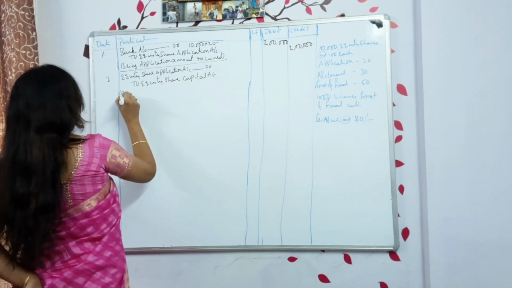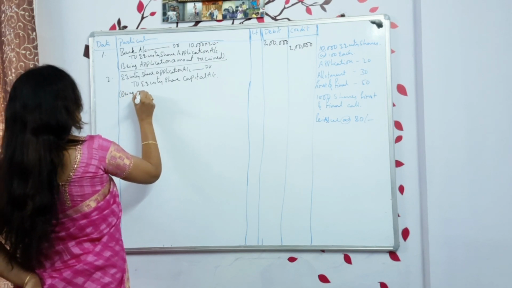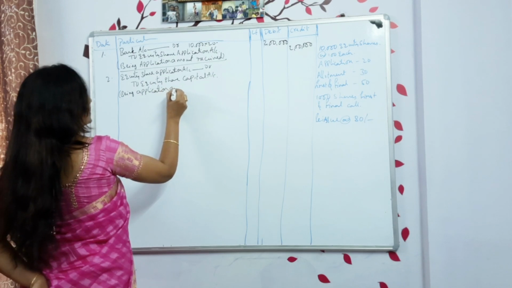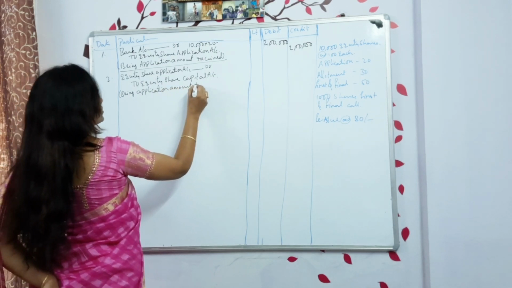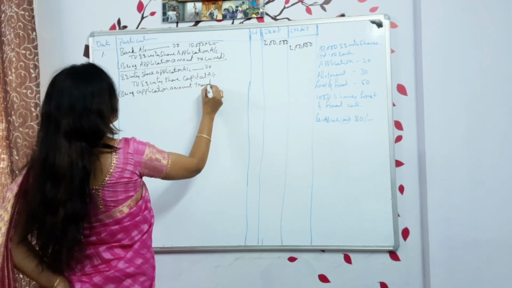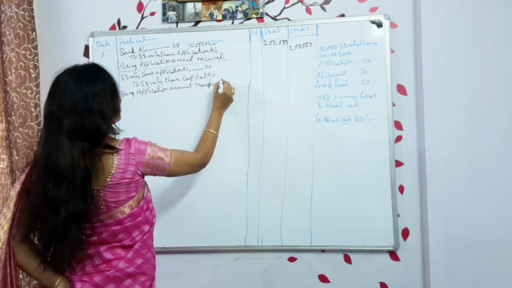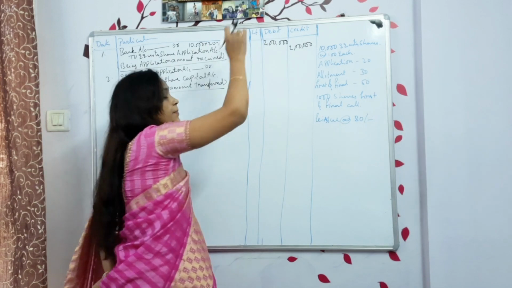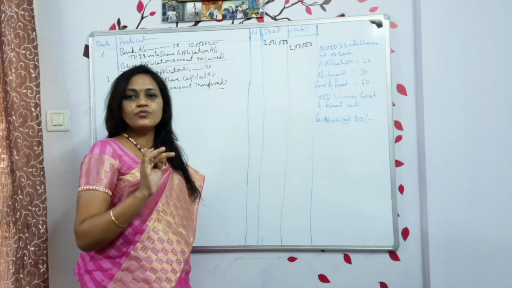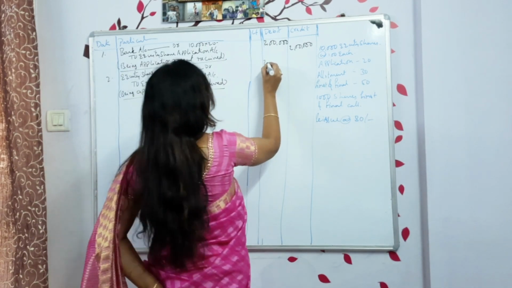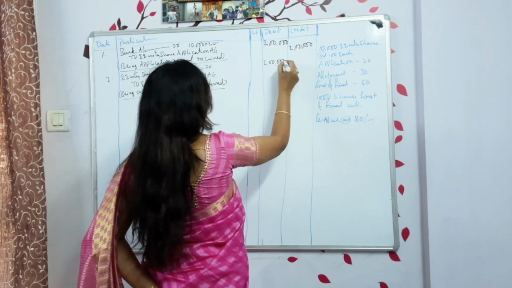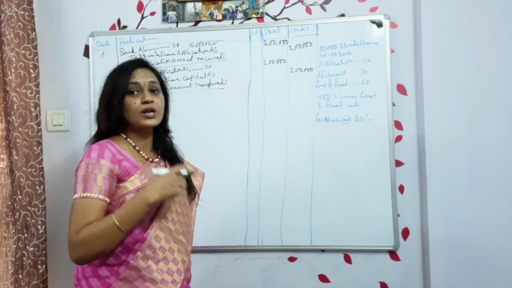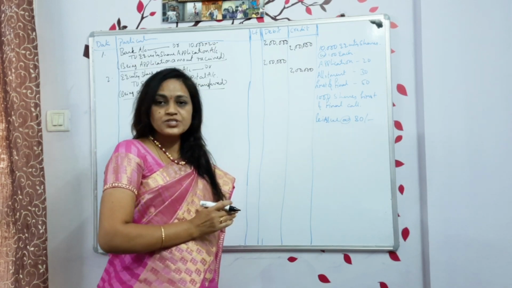Being application amount transferred. What is the amount? There is no new amount. Whatever application amount you received, the total will be transferred, so we write 2 lakhs. Now the application amount you received has been transferred to capital.